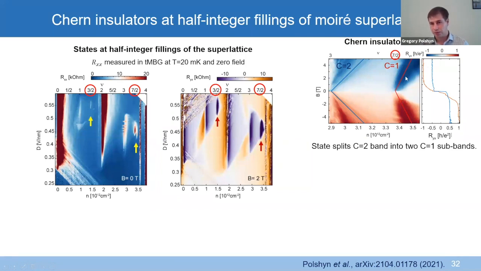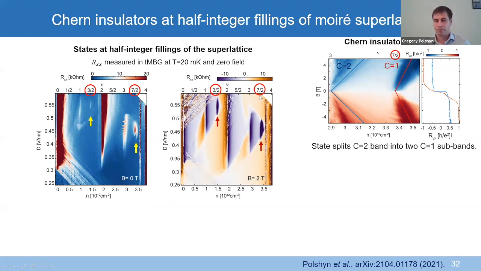And then there is also Streda formula-like behavior, this peak shifts in magnetic field. And this is actually quite interesting because this new state emerges at half filling of a spin and valley polarized band with Chern number 2, and they essentially split it in two Chern 1 subbands. So it's a non-trivial behavior.